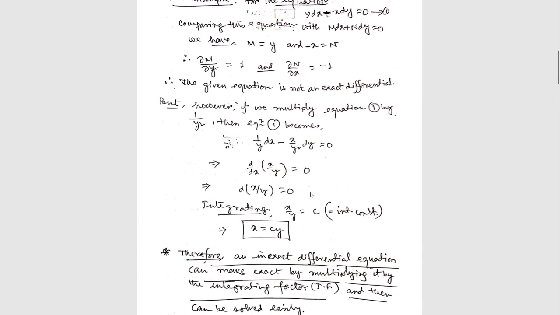Just differentiate this and you will get this term, so that is equal to 0. Now integrate both sides and you will have x by y equal to a constant, the integrating constant, so x is equal to cy.